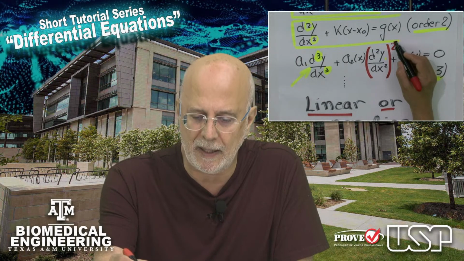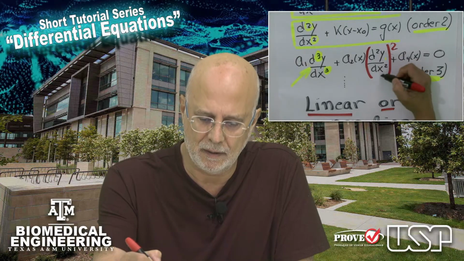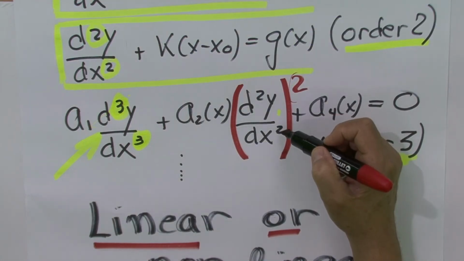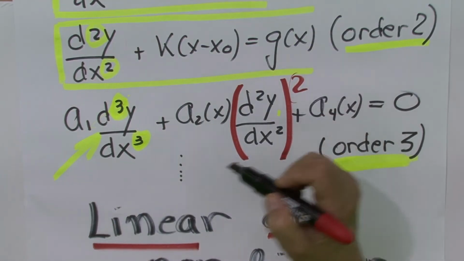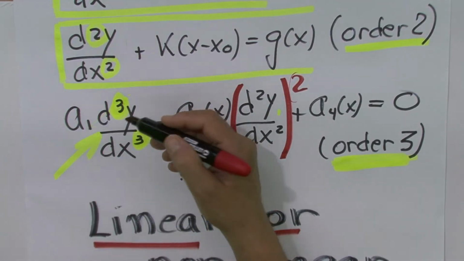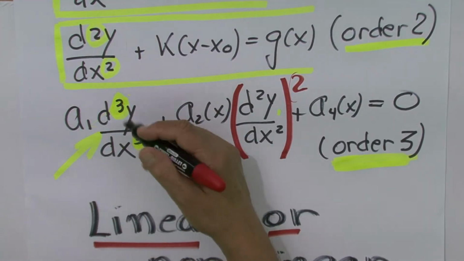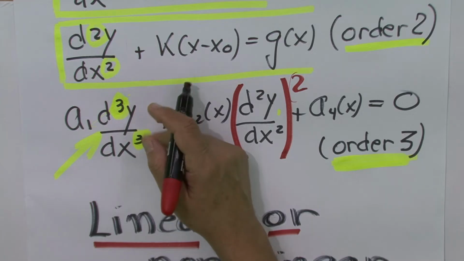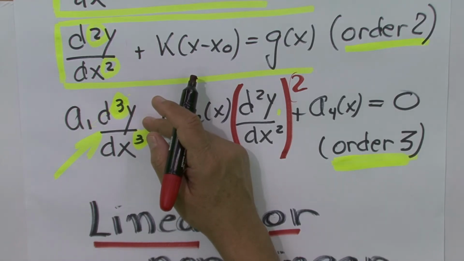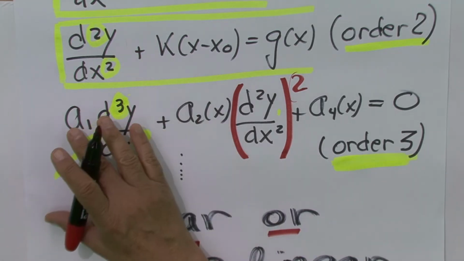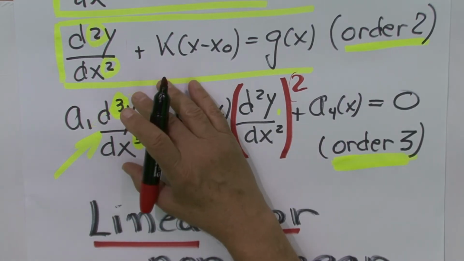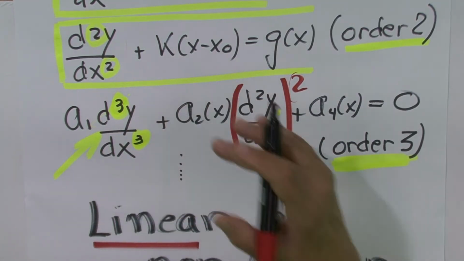the exponent of the derivatives, not the order of the derivative. So you can have derivatives of any order and it's still linear.